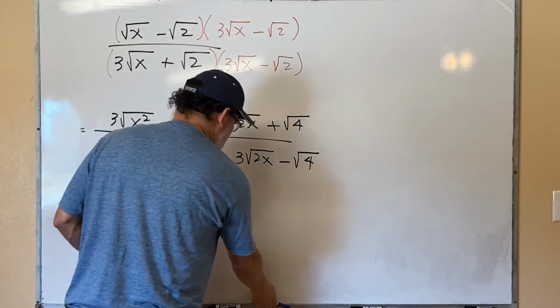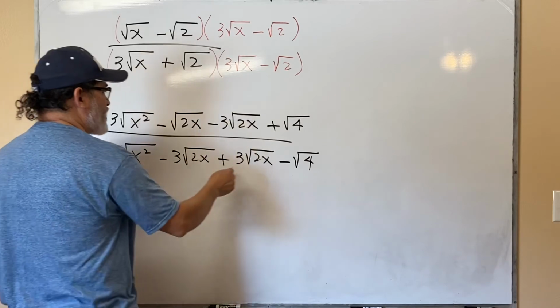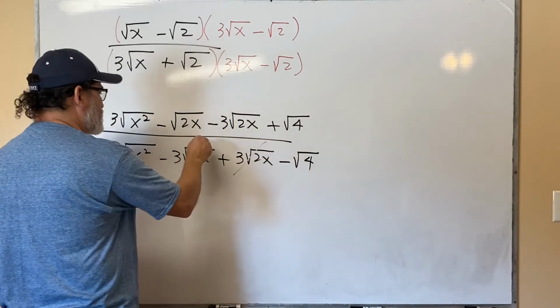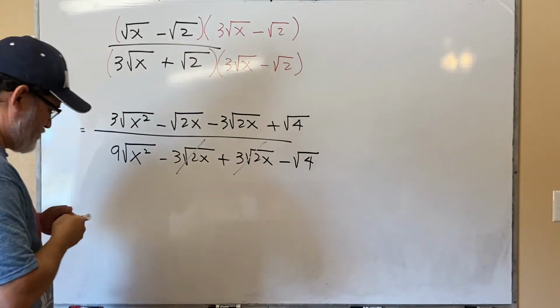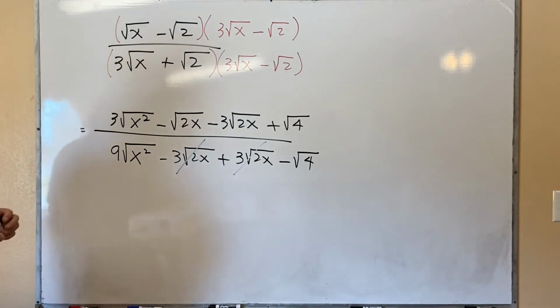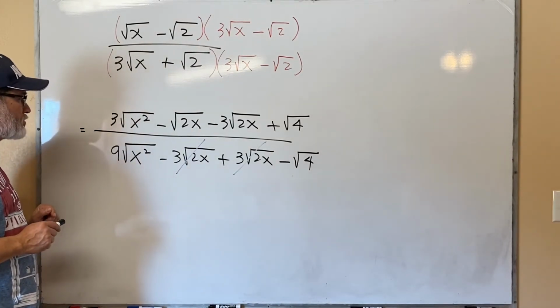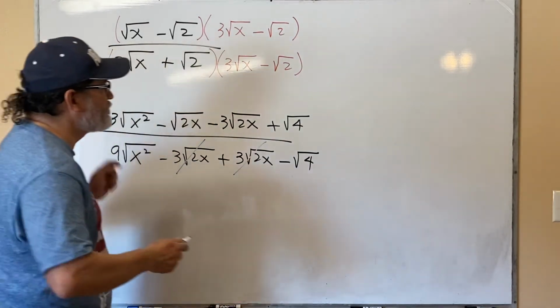In the denominator, because those two are conjugates, this one cancels that one. Yes, it does. They cancel. In the top, an x comes out. Let's do that.